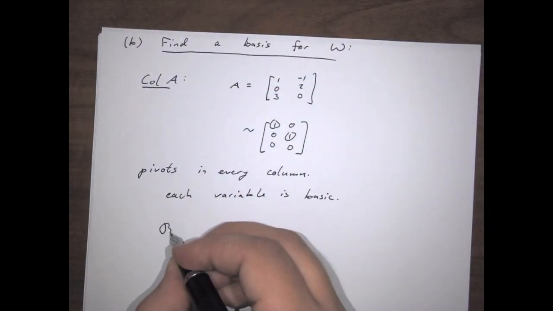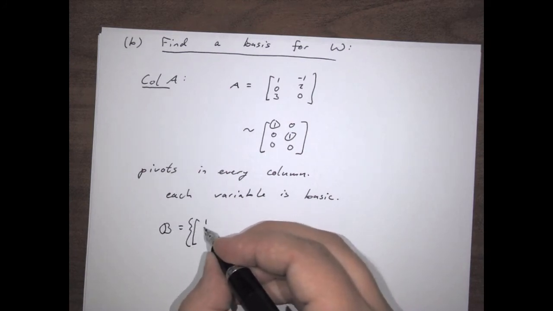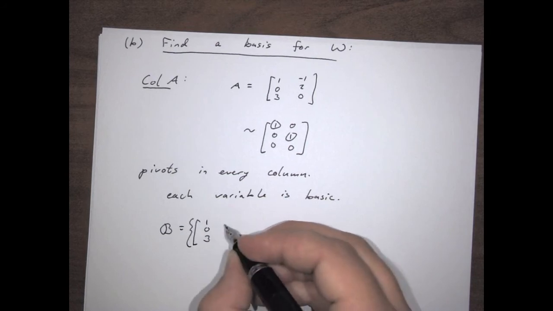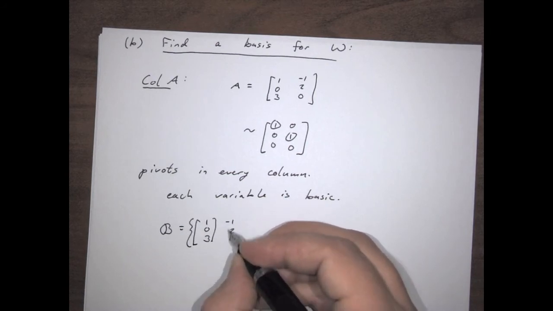So the basis B will be 1, 0, 3, negative 1, 2, and 0.